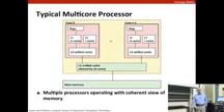So this is what a typical modern processor chip looks like: there's actually on a single chip multiple independent CPUs. And each of them has some part of the cache hierarchy which is private to that particular core.